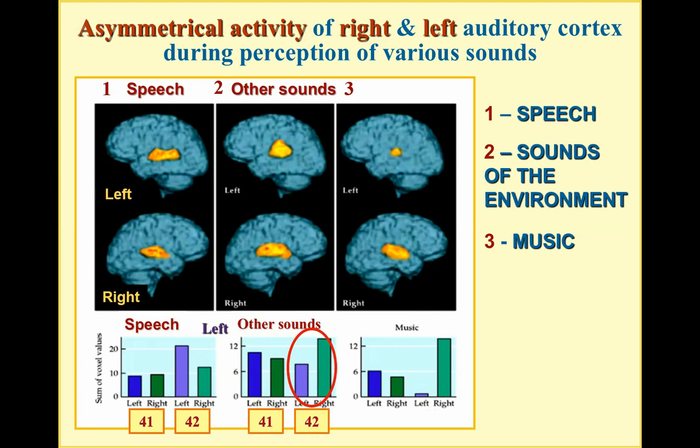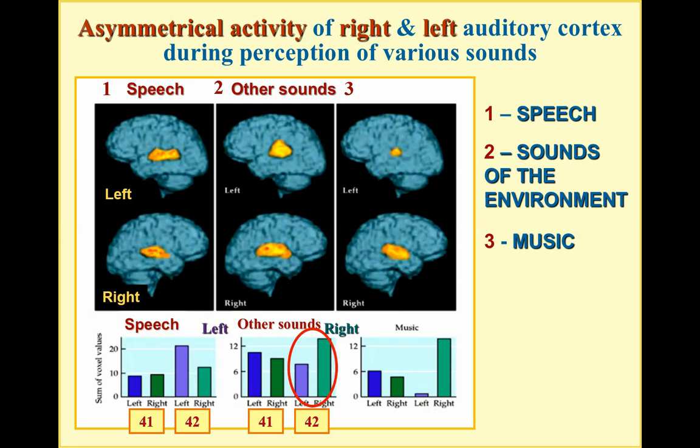The right hemisphere is much more active in response to these sounds, which belong to the first signaling system, if you remember. And analysis of the sounds of the first signaling system is mostly a function of the right hemisphere.